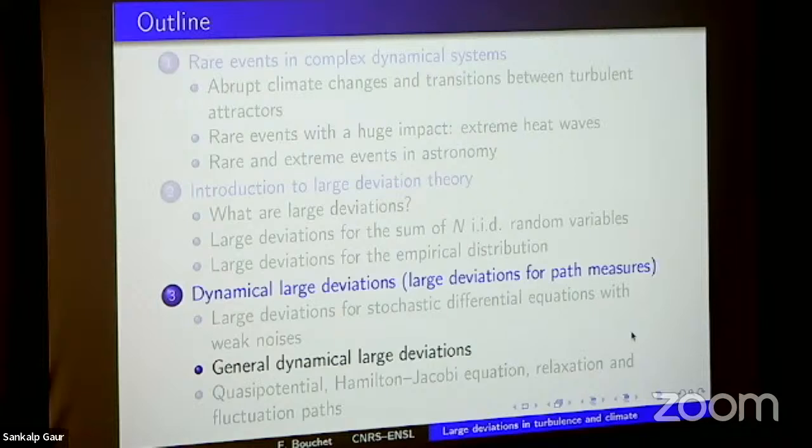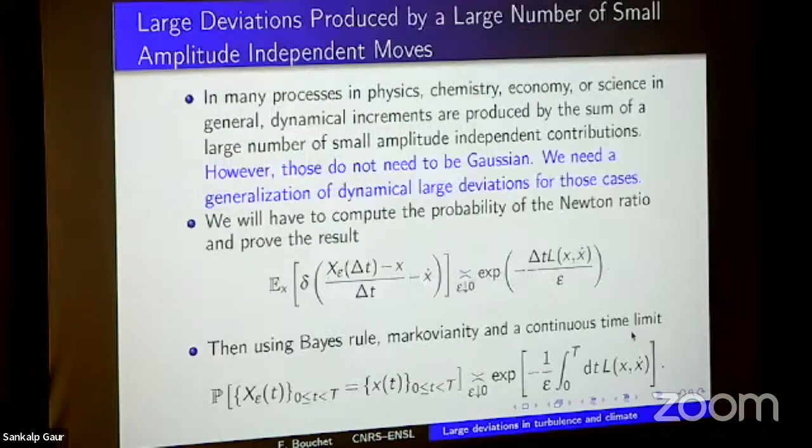So let me go now to more general things where we don't assume that the noise is Gaussian and white. Another way to think of this Lagrangian is to say that we look at the probability that (x_epsilon(delta t) minus x) divided by delta t. So you see, this is just a Newton ratio, what you compute when you want to compute a time derivative.